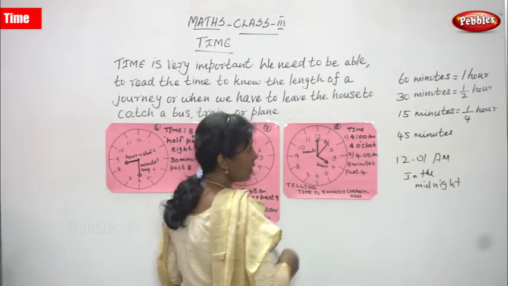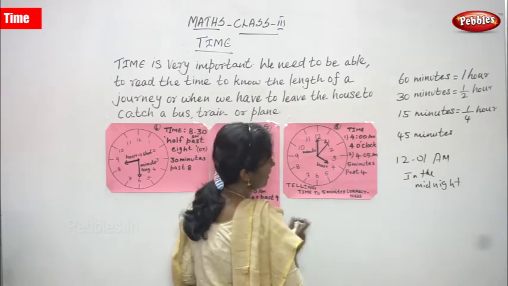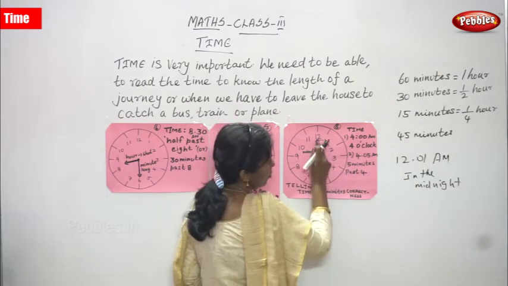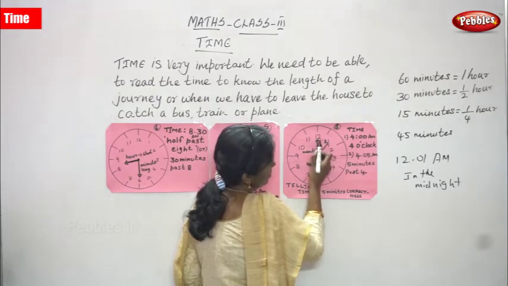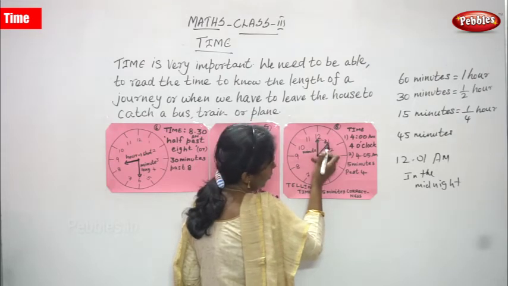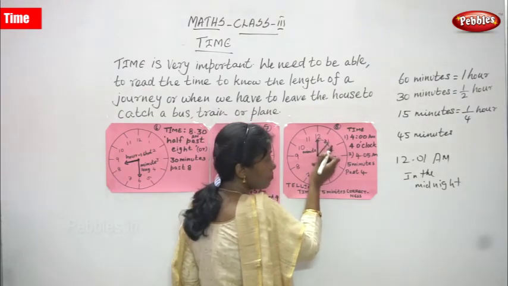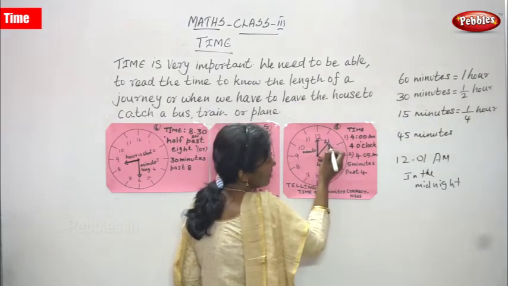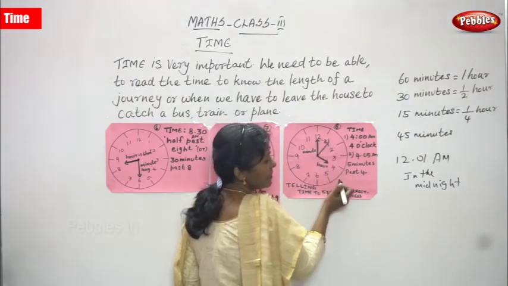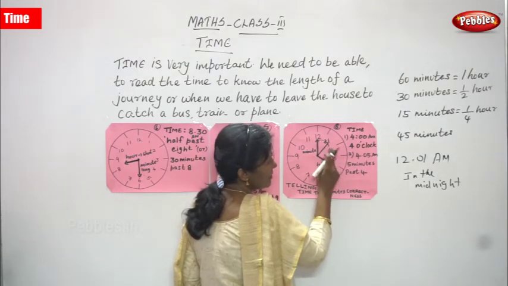First sum is over. While you go for the second sum, the minute hand is rotating, otherwise we can call it moving from 12 to 1. How many minutes has it moved? 5 minutes. So it reached 1. Each number represents 5 minutes.